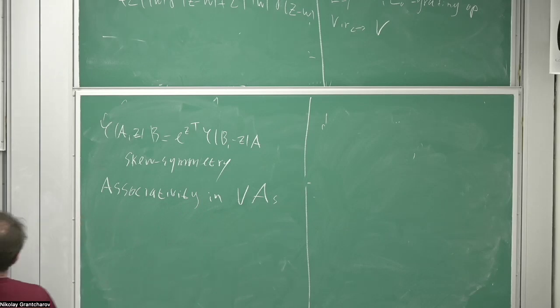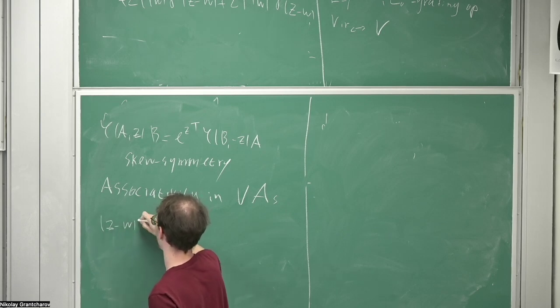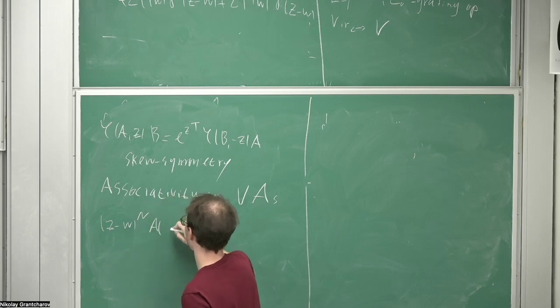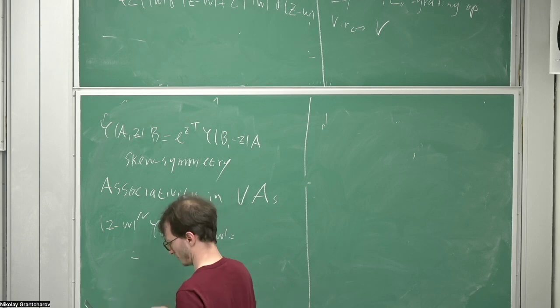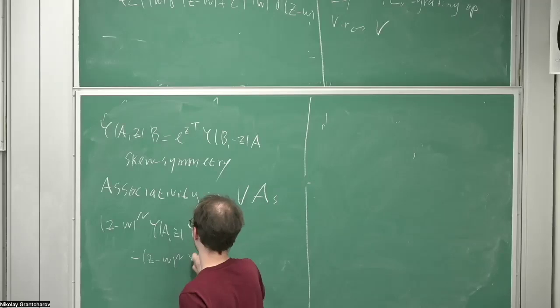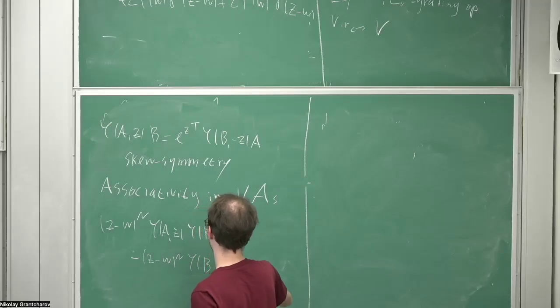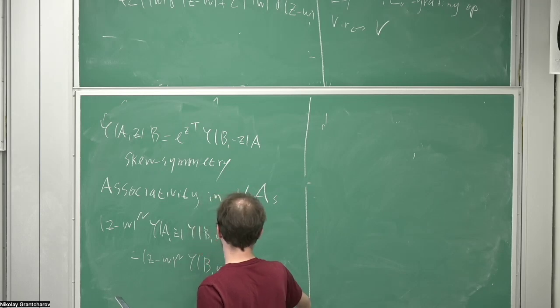Let me write locality again: (z minus w)^N Y(a,z) Y(b,w) is (z minus w)^N Y(b,w) Y(a,z).